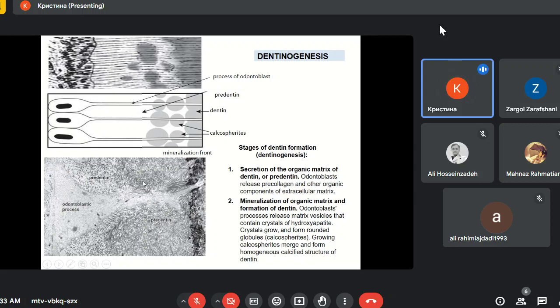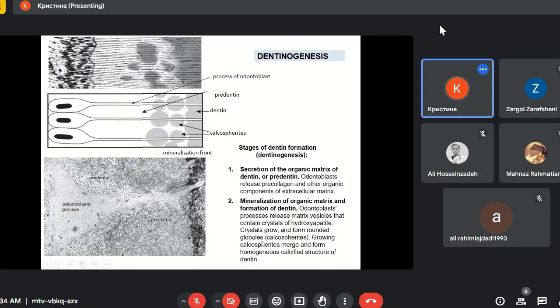And then mineralization happens. When mineralization happens, the crystals of so-called hydroxyapatite substance, the growing crystals of the calcium phosphates, form first small round structures, and then these round structures grow and grow and grow.